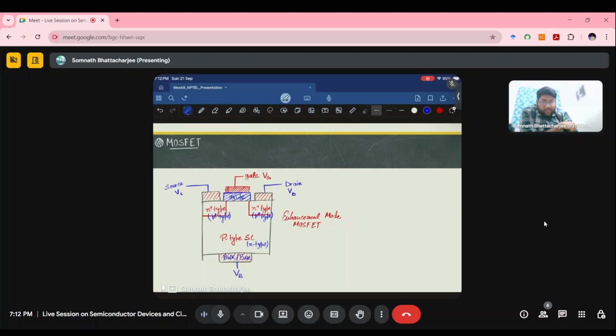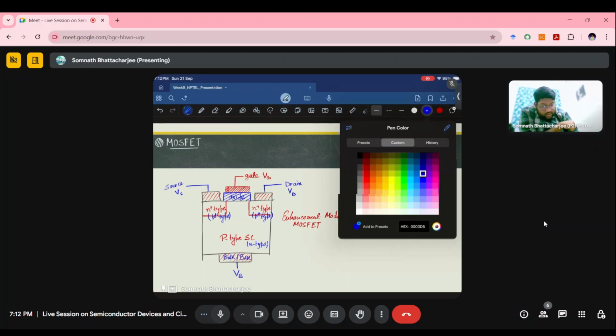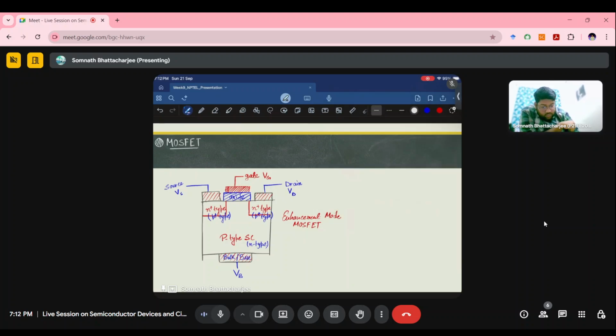Apart from that, everything will remain the same, and the selection of these contacts. So we can say the source and drain, both of these are completely interchangeable. That's why they obviously need to be identical as well.